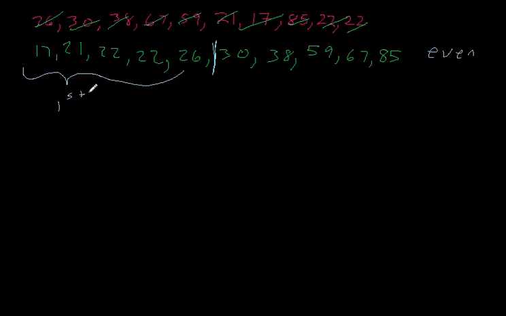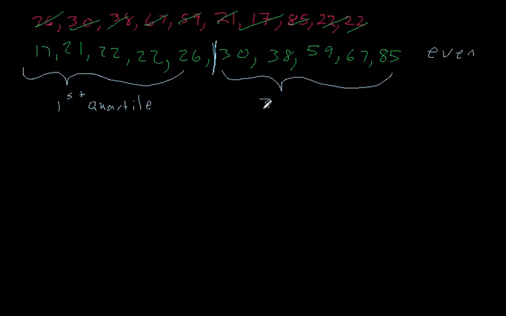So that's the first quartile. And the second quartile is... that doesn't even make sense. And now the third quartile is going to be the median of the upper half. So the first quartile is the median of the lower half.